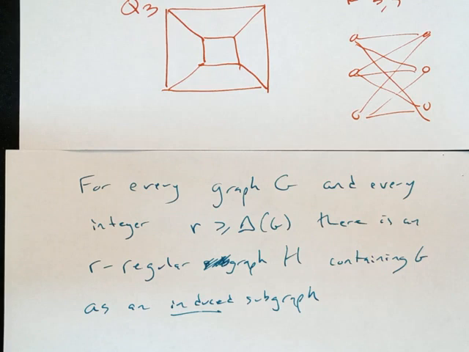So I take away some, I leave some vertices, and I take the edges. So vertices and the graph.